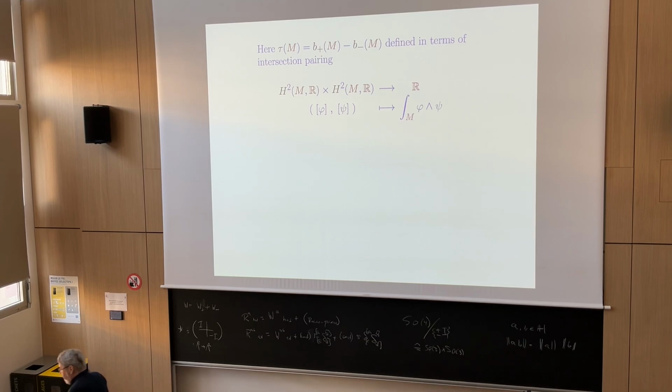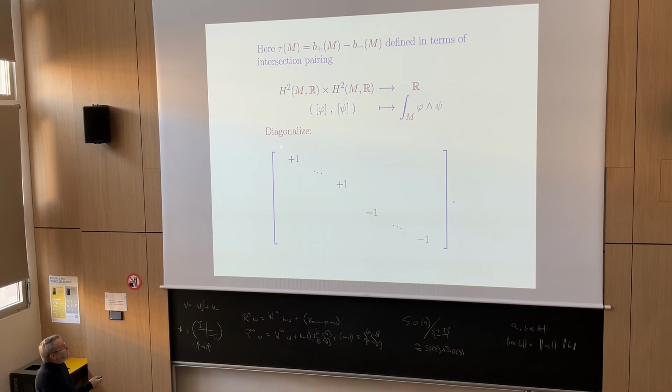But the key point is that this intersection pairing, by Poincare duality, is actually a non-degenerate pairing. That's to say, you can diagonalize it by choosing an appropriate basis on your cohomology. It can just be thought of as represented by a matrix whose size is the second Betti number. It's positive in a certain number of directions, negative in a certain number of directions.